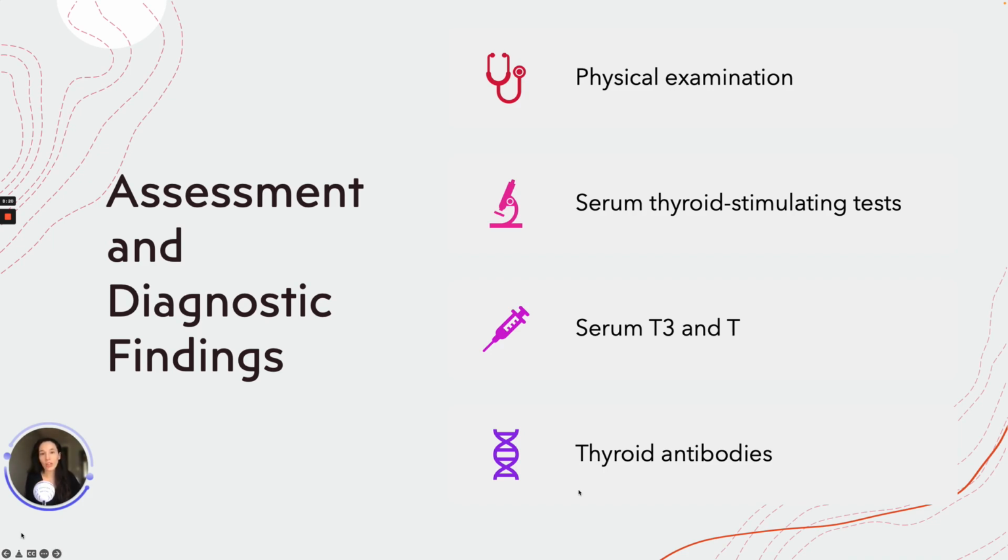We can also look at serum T3 and T4, which includes protein-bound and free hormone levels that occur in response to TSH secretion. We can also look at thyroid antibodies, so results of testing by immunoassay techniques for antithyroid antibodies can lead to a positive diagnosis of Hashimoto's thyroiditis.